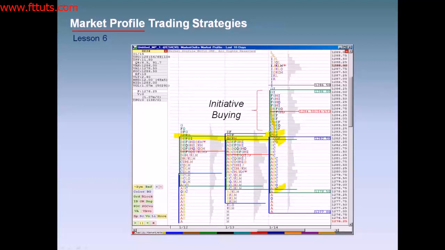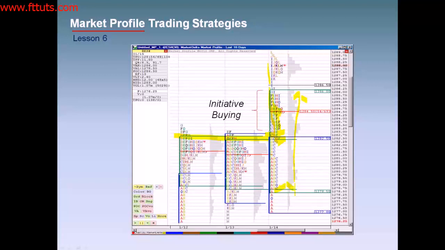And sure enough, E period continues up, and then F period continues up even further, and then G goes up a little bit more, followed by H, I, J, K, and prices continue to move higher and higher. So you see initiative buying is followed by more and more buying in that direction. And value then begins to also expand.